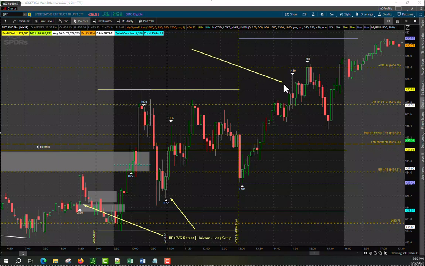Target at a buy side liquidity right here, or the high time frame level right here. So this is our target. And we know that this is also a second entry, okay?